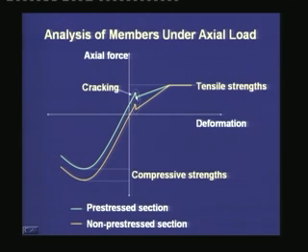Now once it cracks, the behavior is similar to a reinforced concrete member, that there will be an increase in the axial force with deformation, but with much reduced stiffness. That means the increase in axial force with deformation is now much lower till it achieves an ultimate strength, beyond which it may stay constant depending on the type of steel.